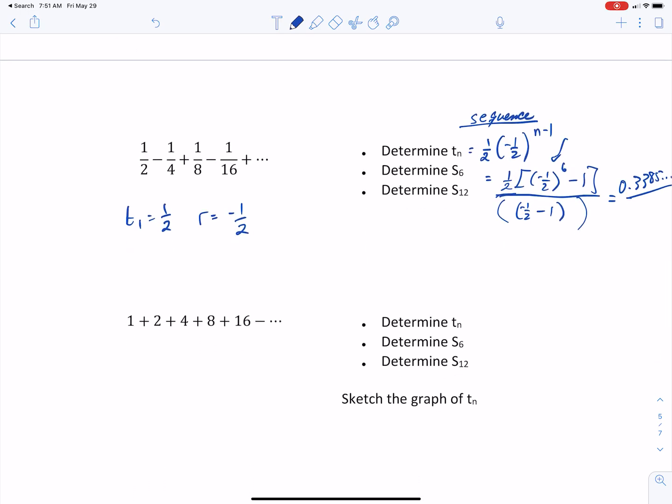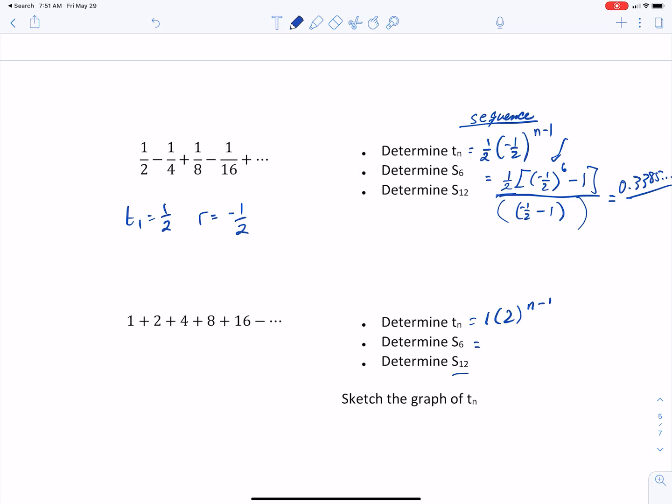So here I've got the same one as the first, and we already found the sum of 12, but we can find Tn and so on. So Tn would be term 1 times r to the n minus 1, the sum of 6.